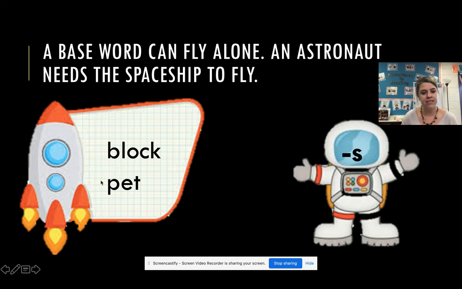All right, what about this word? Pet. Very good. Now, that word pet means one, but if I pull my astronaut over here, it says pets, which means it is more than one pet. And my astronaut and my spaceship get into outer space because they work together.